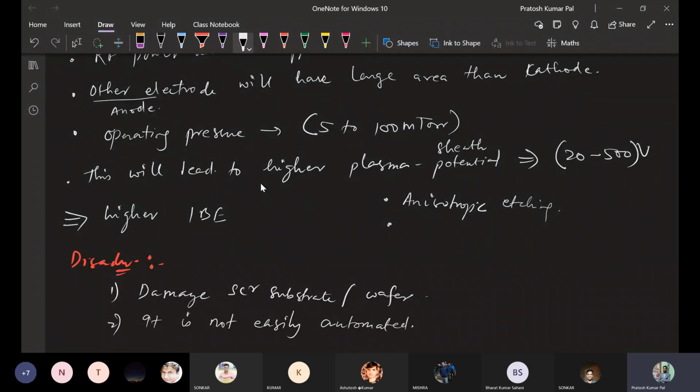So it will have somewhat higher, not the highest, but higher selectivity than ion beam, because ion beam is a completely physical type of process, but in reactive ion etching we are going to use reactive gases also, so it will have better selectivity than ion beam type of etching. So this is all about the etching process.